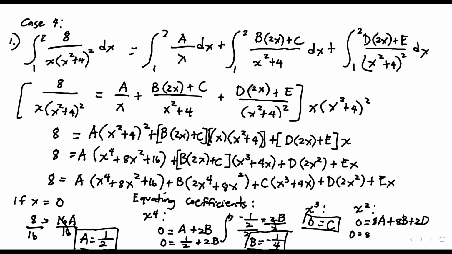Kasi wala nang space. 8 times 1 half, that is 4. 8 times negative 1/4, it's negative 2 plus 2d. 4 minus 2, it's 2. So we'll have negative 2 equals 2d. So d is negative 1. D is equal to negative 1.